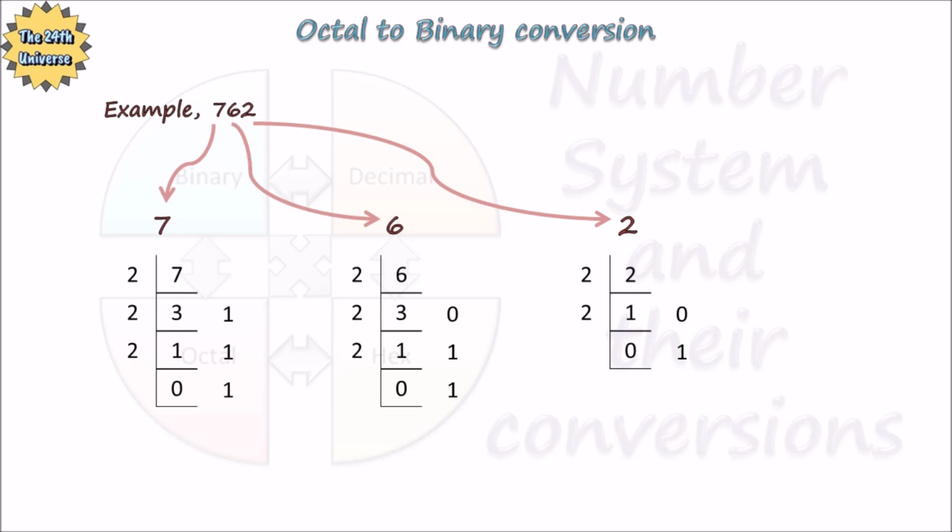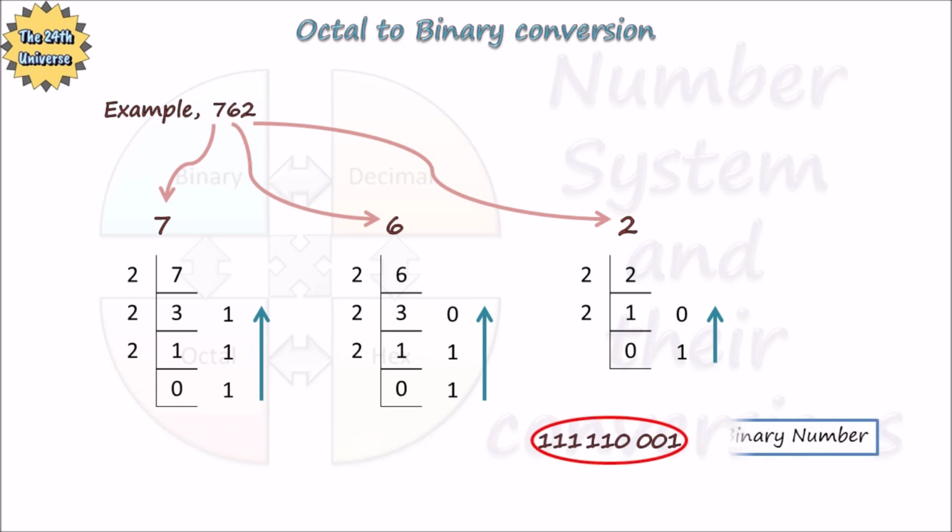Now, collect the remainders starting from the bottom upwards in each group. Add leading zeros to each group if it is not a group of 3 bits. Now, join them together to get the required binary number 1111100001.